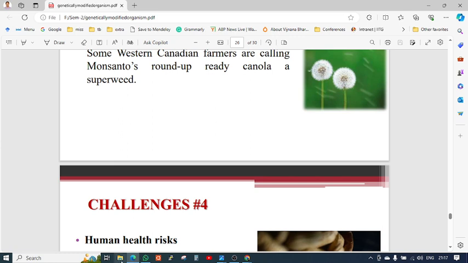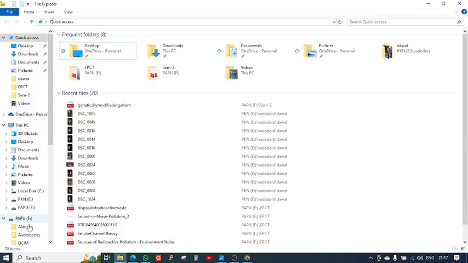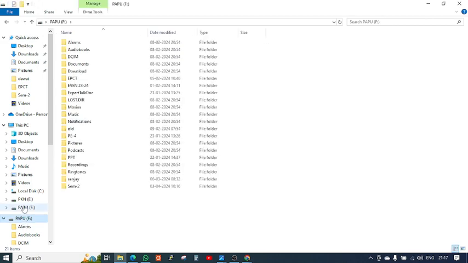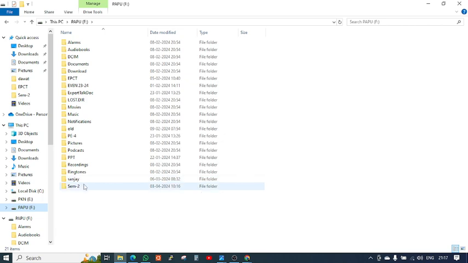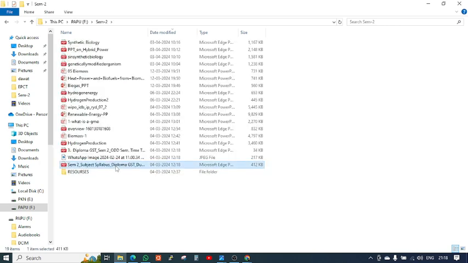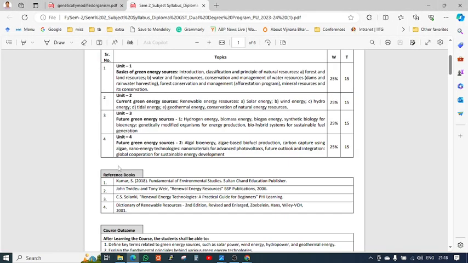Let's see what is remaining in unit 3. In your mid-sem exam, which is scheduled for 16 April, you have to prepare unit 1 and unit 3.